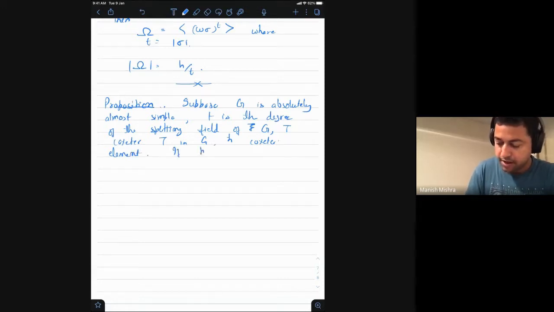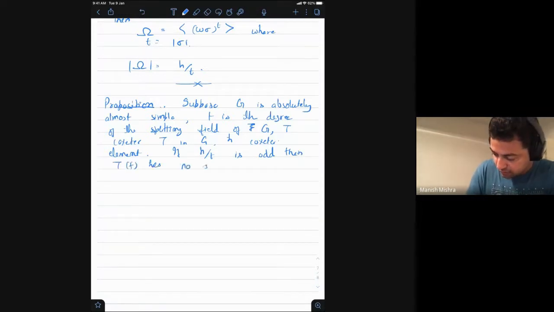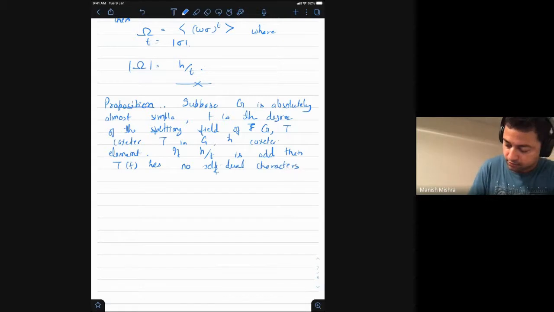If H mod T is odd, then TF has no self-dual characters in general position.